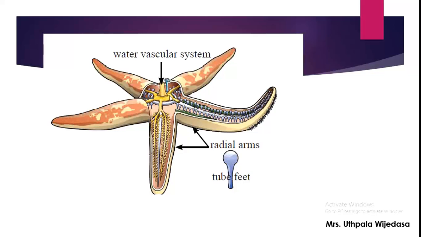Echinoderms do not have a heart, brain, or eyes. These are known as filter feeders. That is because they can filter off the food materials from seawater. They are also substrate eaters. They can scrape a particular substrate. These are carnivorous animals.